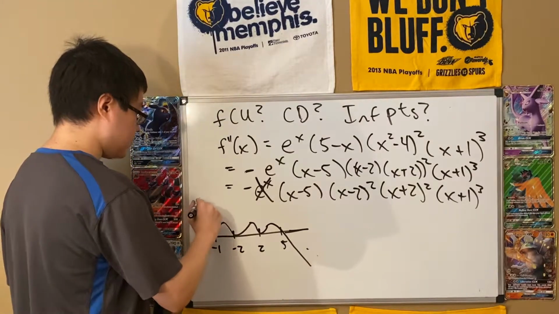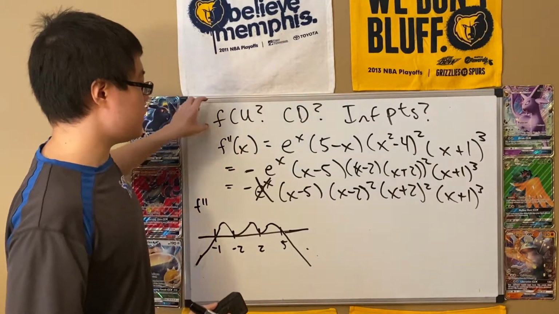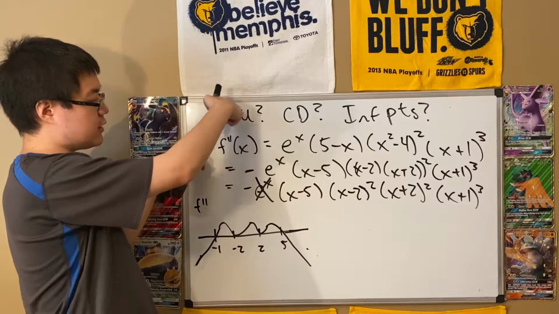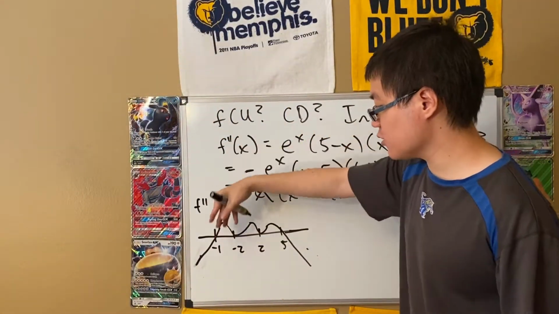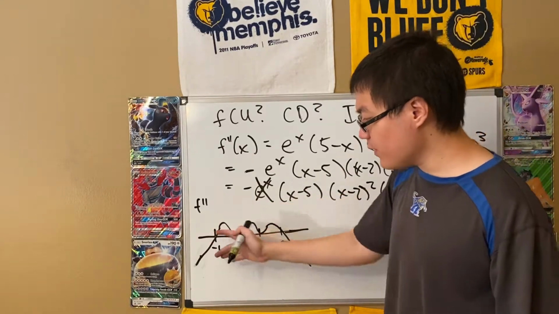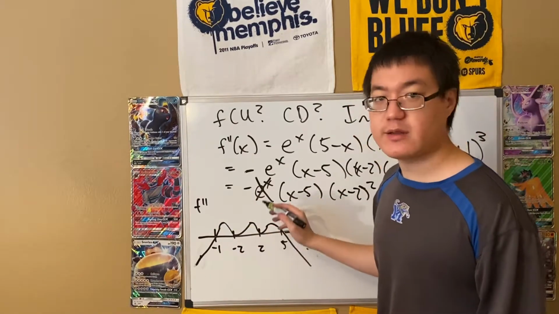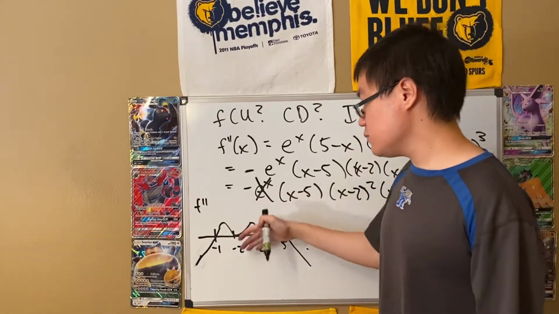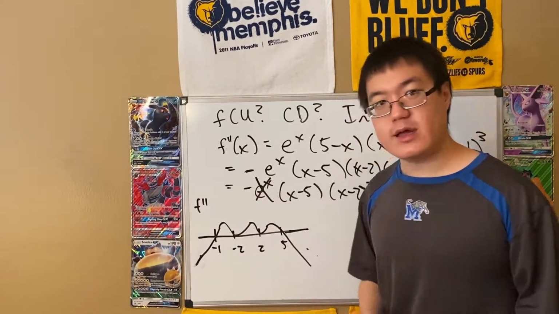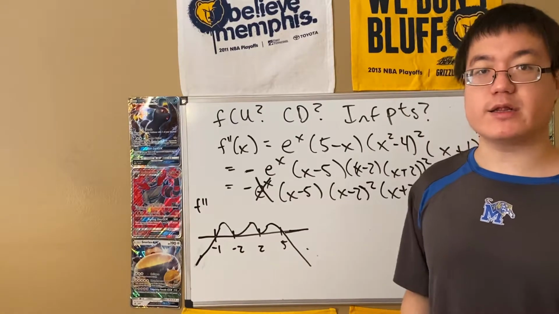Remember that this is a sign chart of f double prime. It's not actually about the function we care about, which is f. We're never going to draw the graph of f, so do not focus on the fact that these look like hills. You might think that this is concave down because this is eating the floor, as we like to say, but remember that this little squiggly line is only beneficial so that it tells me the signs.